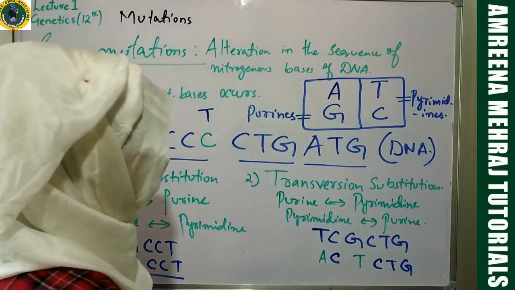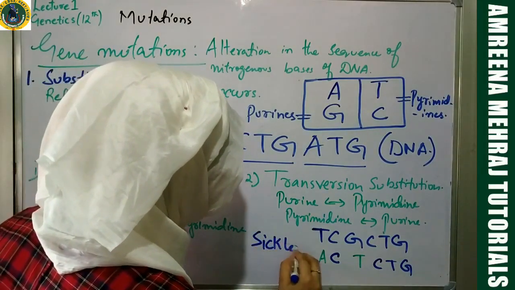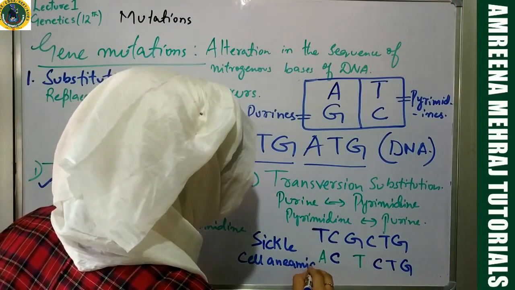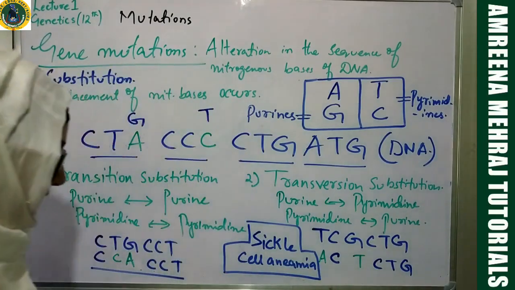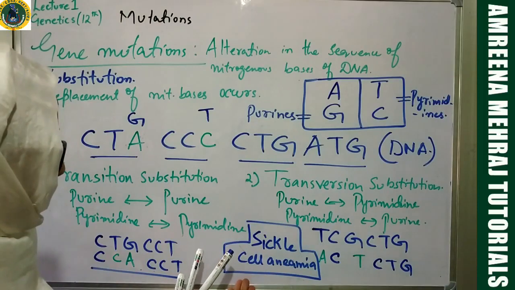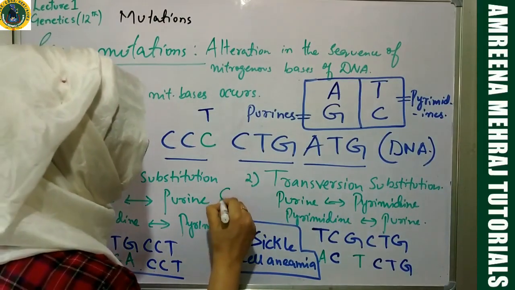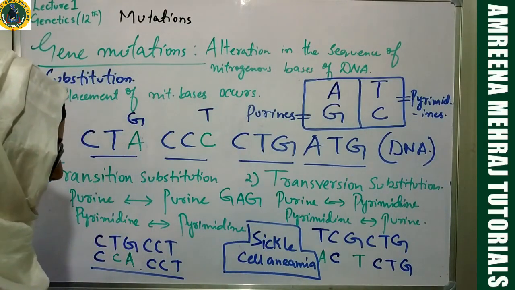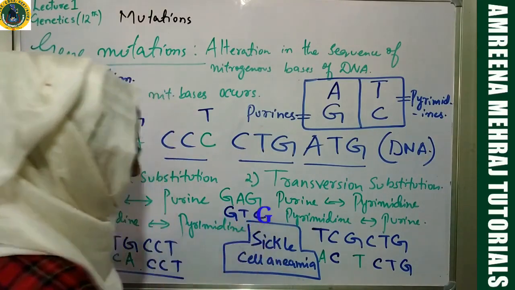You will see ahead when we discuss the disorder called sickle cell anemia. In this disorder, you will see that a purine is replaced by a pyrimidine. In this case, adenine is being replaced by thymine. In normal conditions, we have a sequence like GAG. But in case of sickle cell anemia, the sequence changes to GTG.